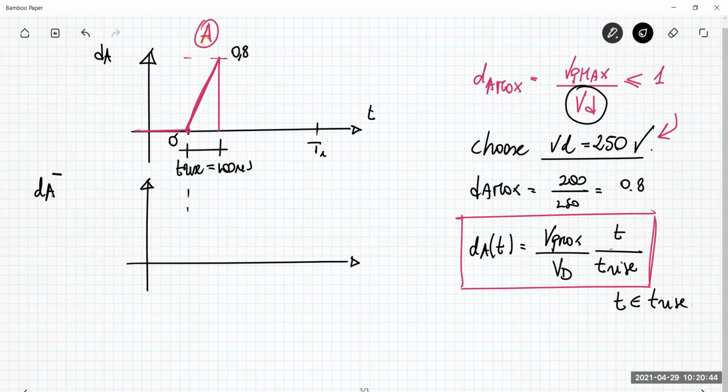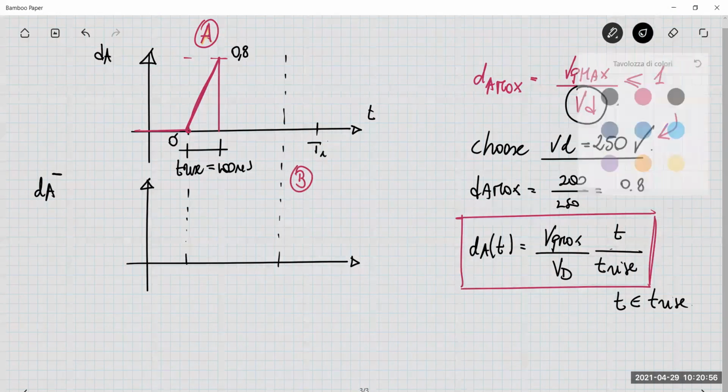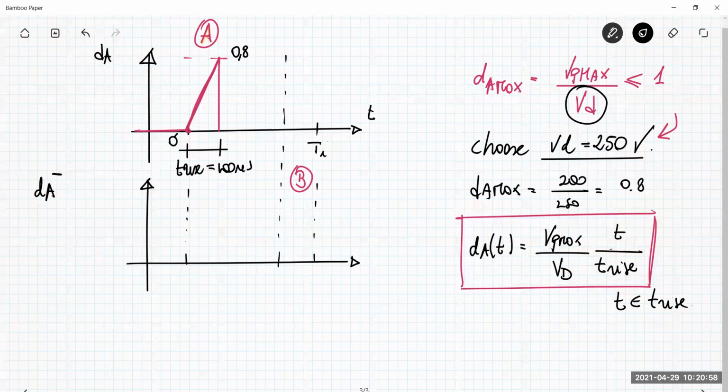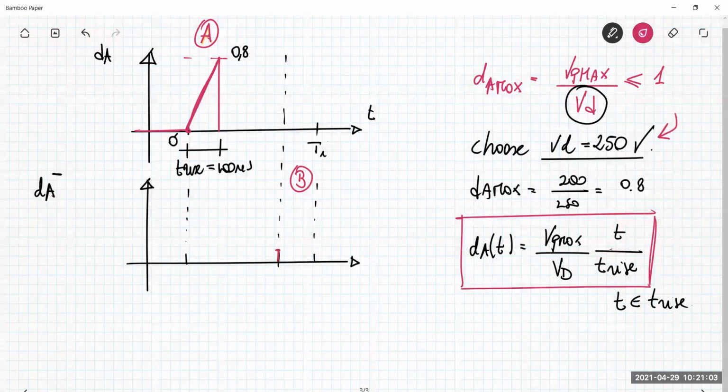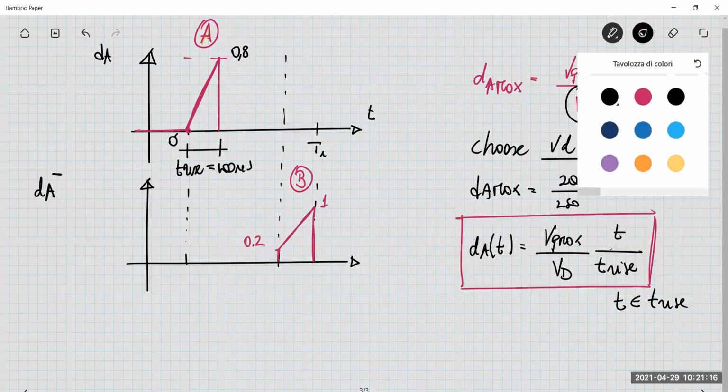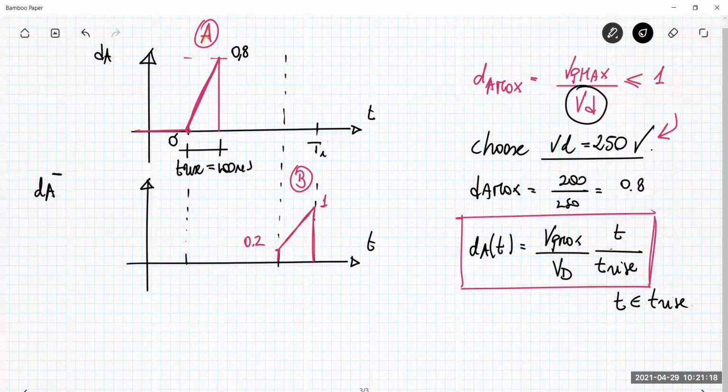The transistor TA minus is always off, except for the phase B, so the energization phase here. Duty cycle in that situation goes from 0.2, which is 1 minus 0.8, up to 1. Duty cycle of TA minus, okay?